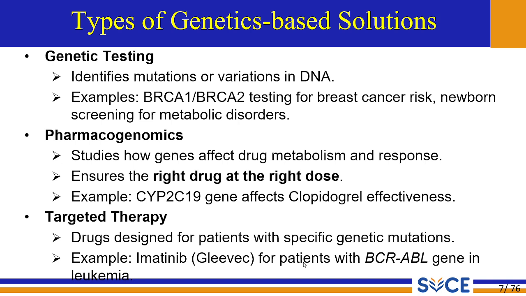For example, the CYP2C19 gene affects drug effectiveness. Third one, targeted therapy uses drugs like imatinib for patients with the BCR-ABL gene in leukemia, for specific mutations in leukemia.